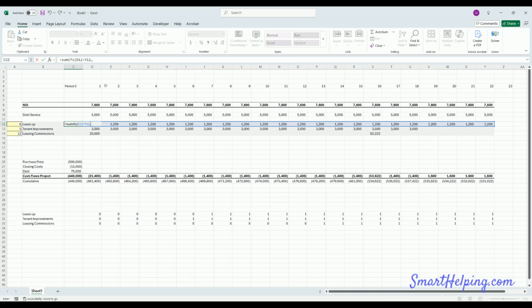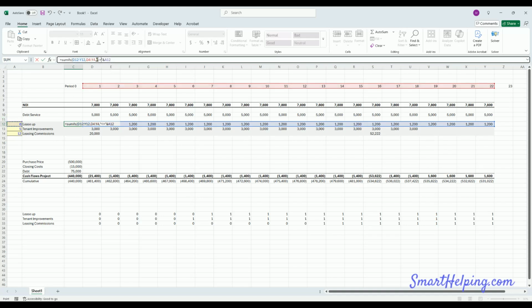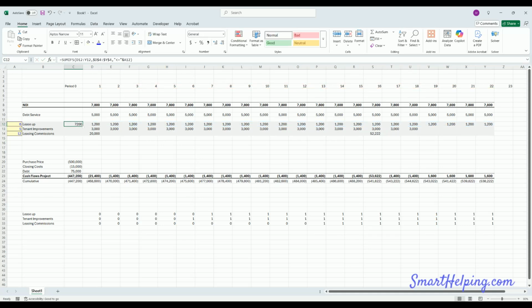So summing up that, if my month number here is less than or equal to this, and we could just lock the top. Now look, I've increased my capital requirement. Before I did that, it was 440,000. Now it's 482, because I've added $42,000 in cash I need up front.